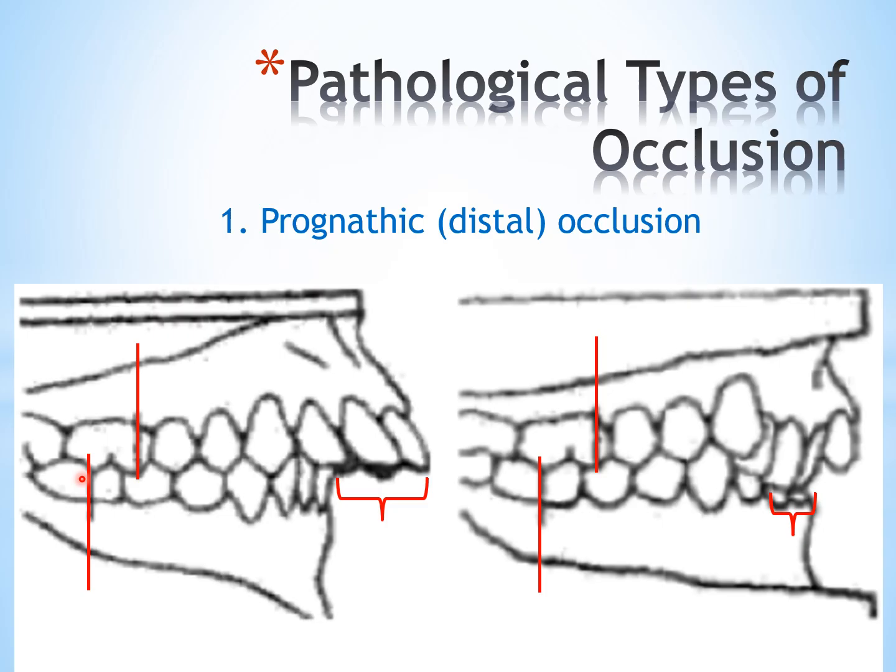What does it mean? Class 2 Division 1 has distal correlation between upper and lower first molars, but has a sagittal gap between frontal teeth. Instead, Class 2 Division 2 is a situation without a sagittal space.